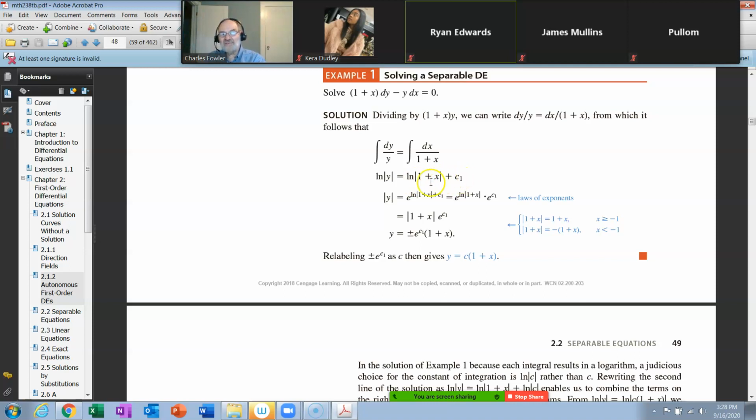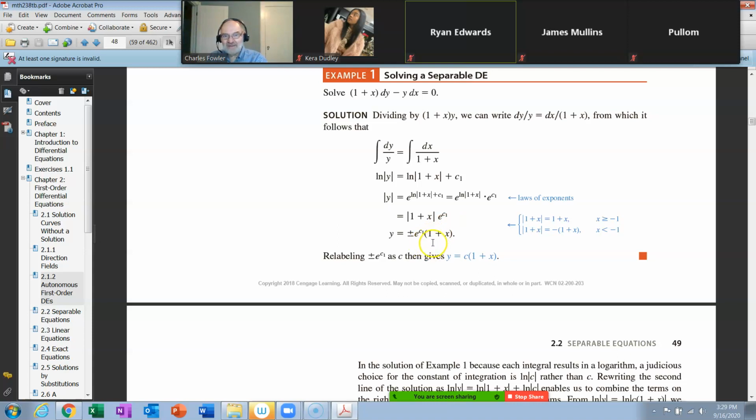Now if you had done this as e of log 1 plus x plus log c, like I did, then you can just immediately take that to be what they did here, and anyway, you get to the same answer. So the absolute value of y is equal to the absolute value of 1 plus x times e of some number c. Well, that's just a constant itself.